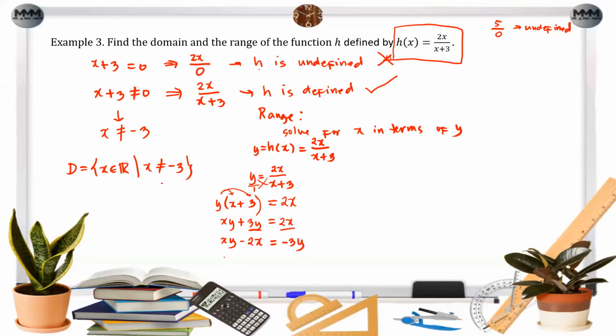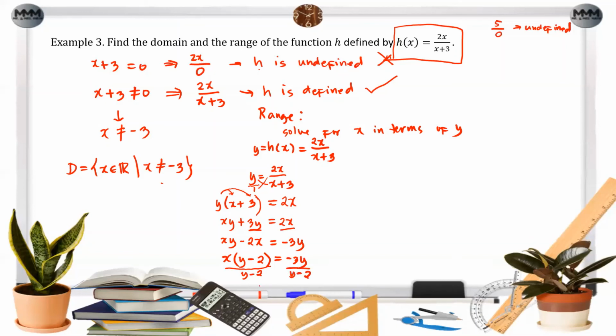So factor out x: x times y minus 2, equals negative 3y. Then we divide both sides by y minus 2.